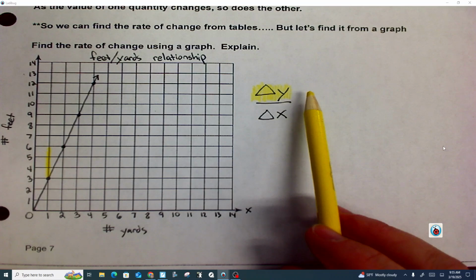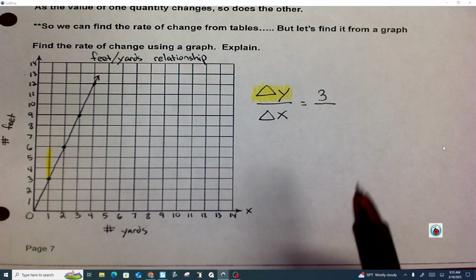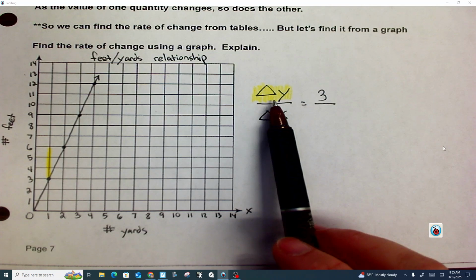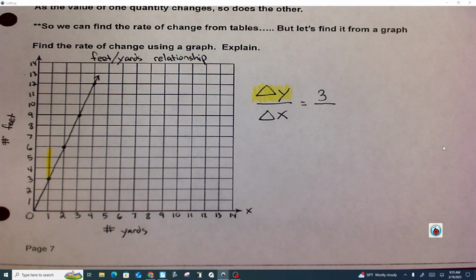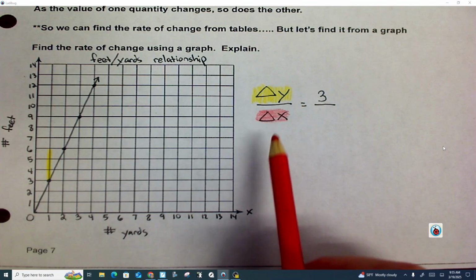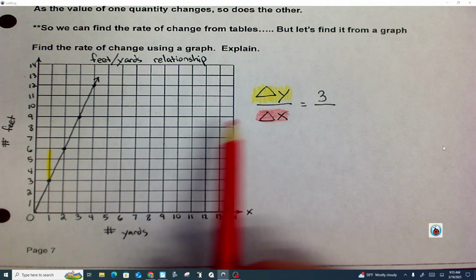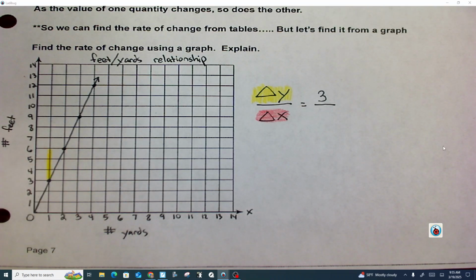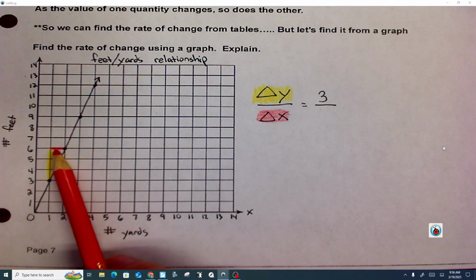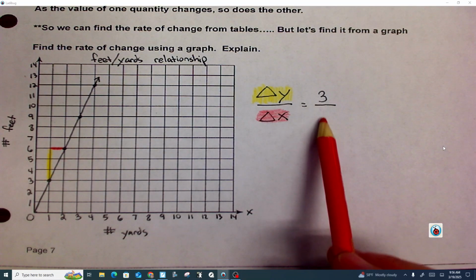So my y change would be 3. And that's what's so important in making sure that you put your y change on top. If you put this one on the bottom, it'll make your rate of change upside down and it won't be the same number. Now, your change of x is your horizontal change, and we have to slide over here by 1. So my x change, my change in x, would be 1.